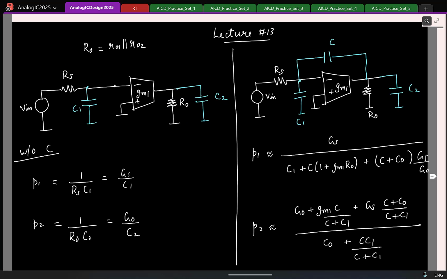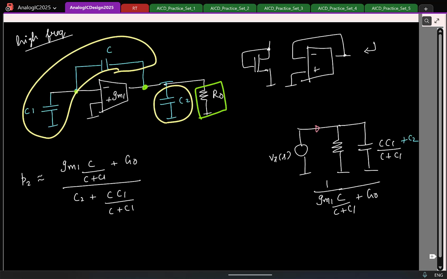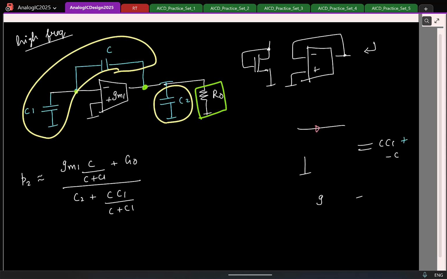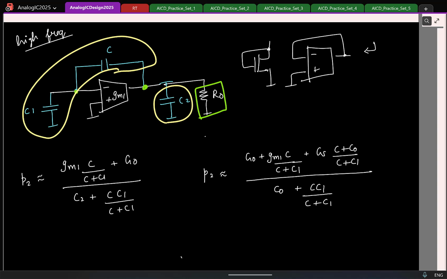Let's look at the actual pole location we got from the approximate solution. So this is what I got. Let's quickly compare. The denominator is fine. Sorry, this should have been C2.